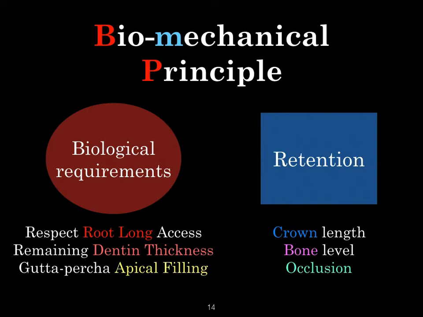This is the biological aspect. When we go to the mechanical aspect, which means we need the retention, it's important to keep in mind the crown length. You cannot have a post that is above the bone level, and also the occlusion is important.